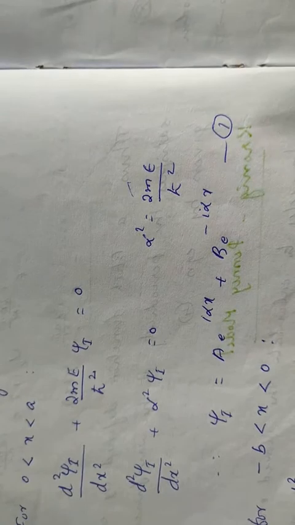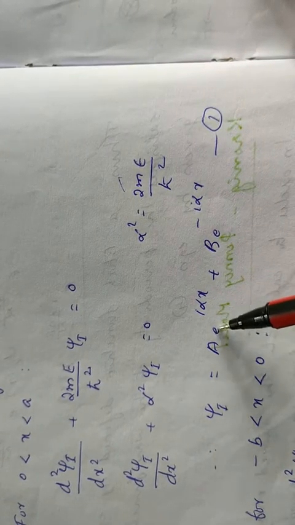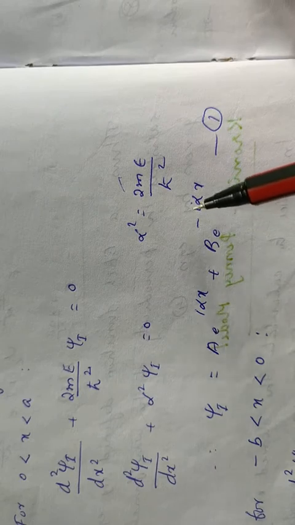You have studied this kind of equation in your quantum mechanics class of 5th semester BSc. The solution of this equation is of the form psi 1 equals A e raised to i alpha x plus B e raised to minus i alpha x. This is treated as equation number 1.